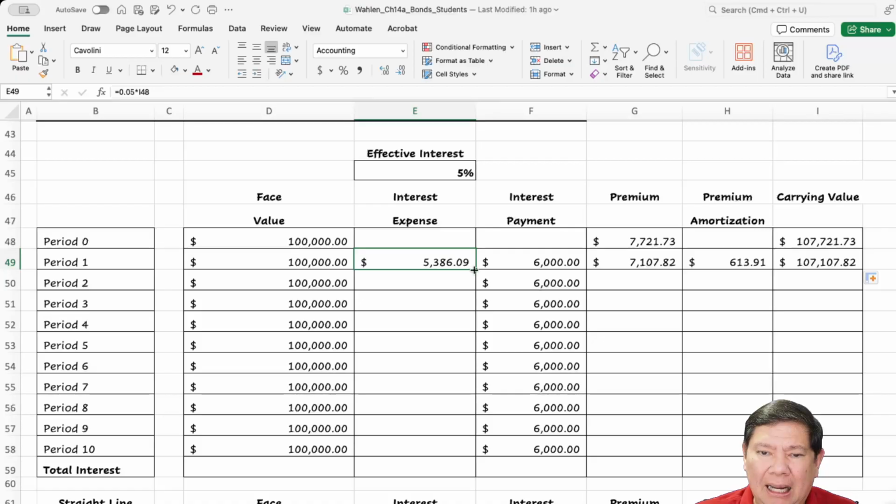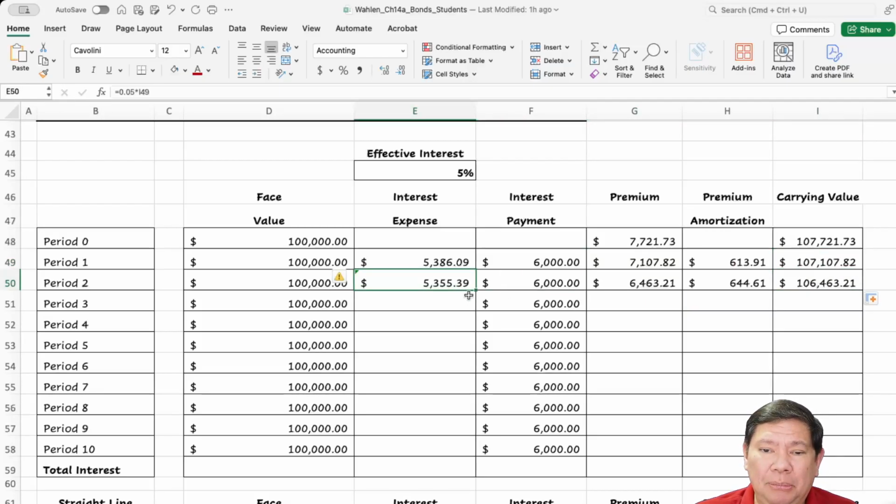We do that again for the second 6 months: 5% times the carrying value. We calculate the difference as amortization. We calculate the premium. We calculate the new carrying value.